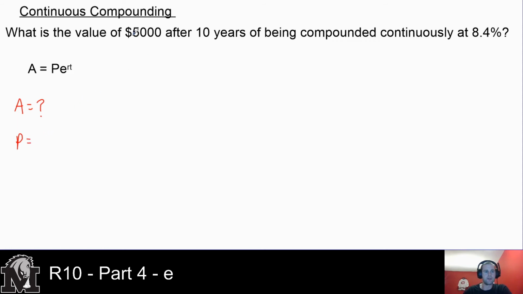So what is the initial investment? Our initial investment is $5,000. E, well, that's just the number e. R is the rate. So our rate is 8.4%. And then t is our years. So that ends up being 10 years.